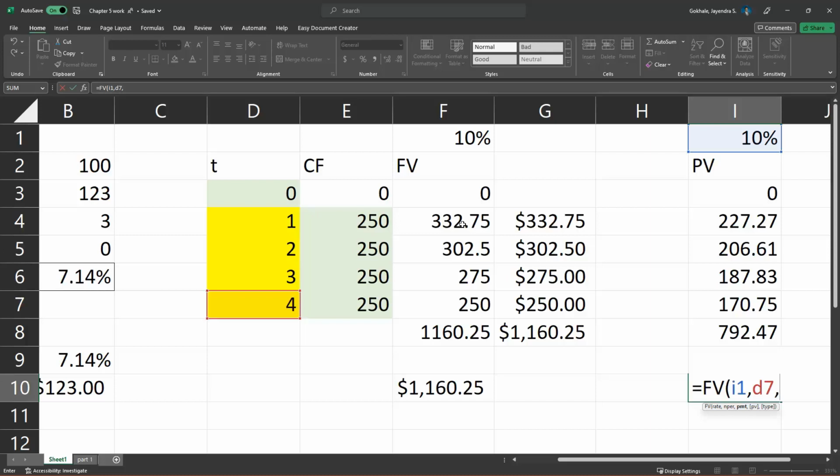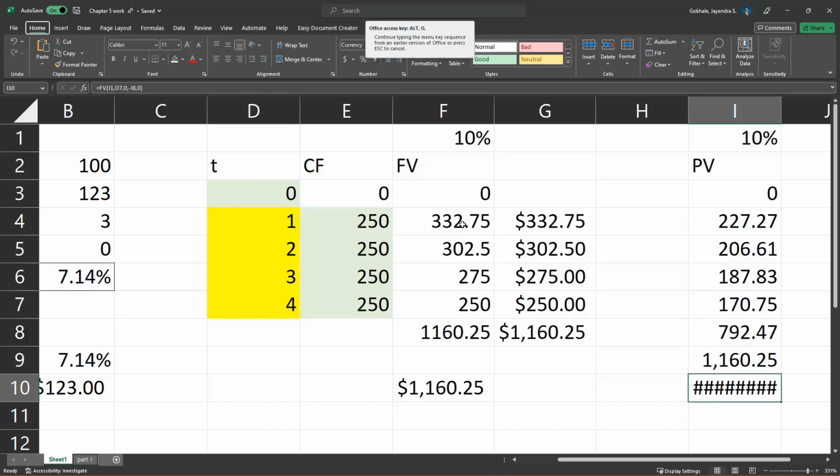So once we found an equivalent value, we don't need to deal with the 4 cash flows. The single value is the present value, so intermediate payments are disregarded. The present value is minus I8 and the type is 0. Magically, believe it or not, the answer is 1160.25. Here we go. Ta-da!